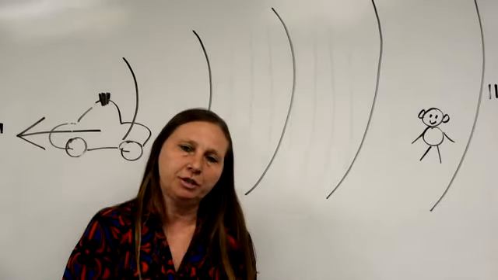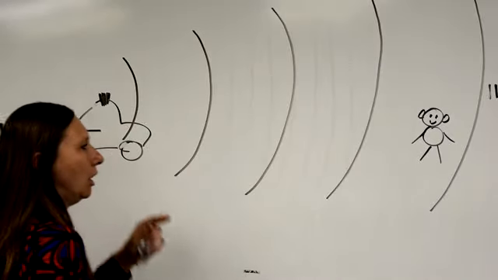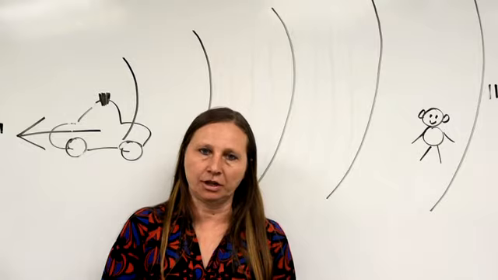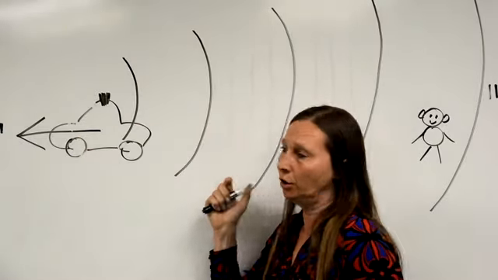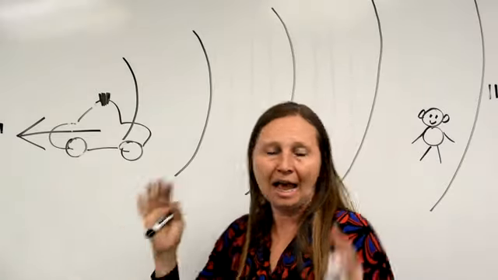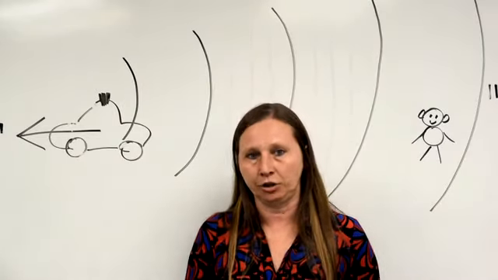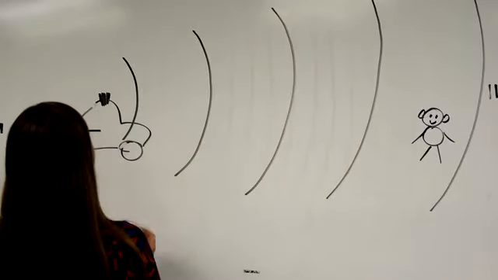The two examples I just gave assume that the police car is traveling at a constant velocity, going toward the person or away from the person at some specific speed that's not changing.